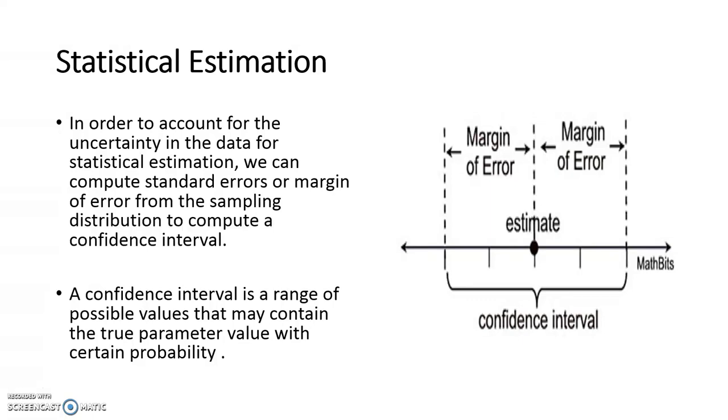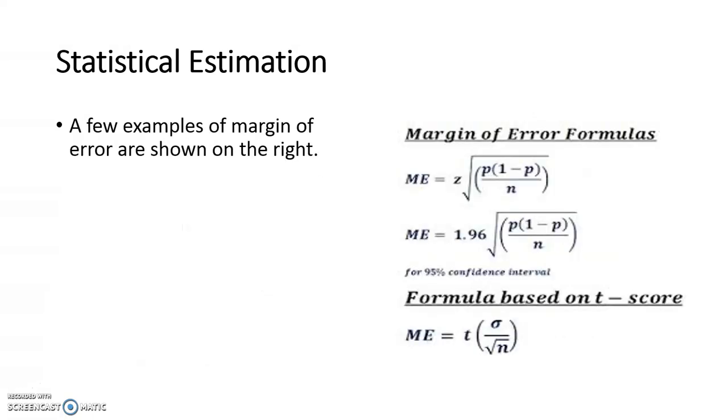A confidence interval is a range of possible values that may contain the true parameter value with certain probability. This probability is also called the level of confidence. Here are a few examples of margin of error. The first and second are the margin of error formulas for estimating a binomial proportion. And the last one is the margin of error for computing a t confidence interval for a population mean.